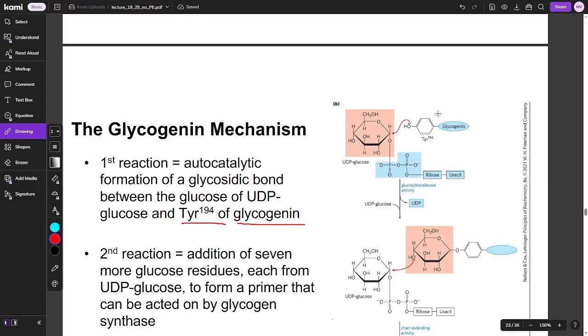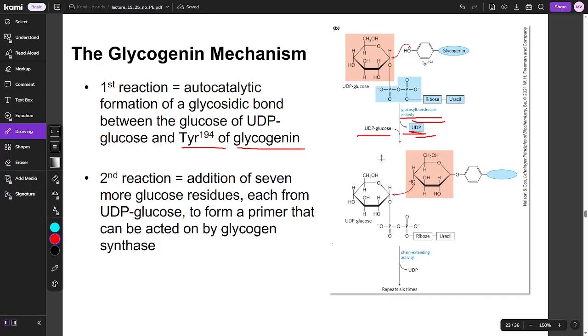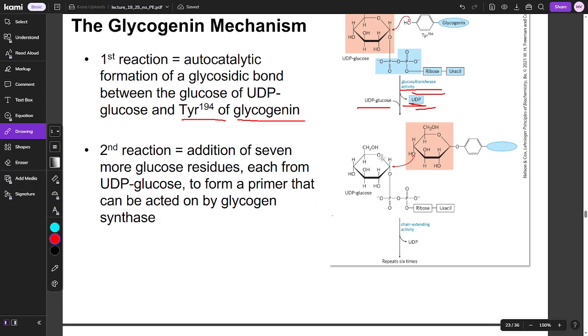So this glycogenin is attached to a tyrosine, and this tyrosine forms a bond with this glucose molecule and releases UDP in the process. This is a glucosyltransferase activity. And then you basically just continue doing this process over and over again, where you keep adding UDP glucoses until you get continuous chain extension.